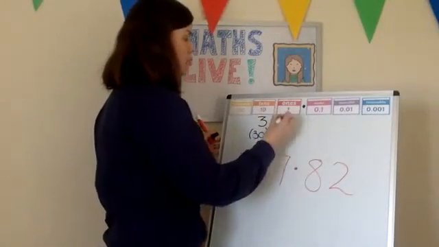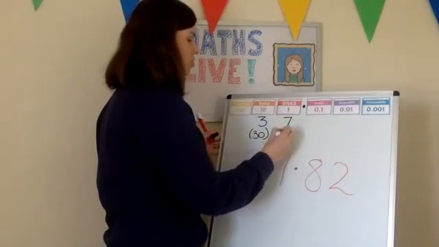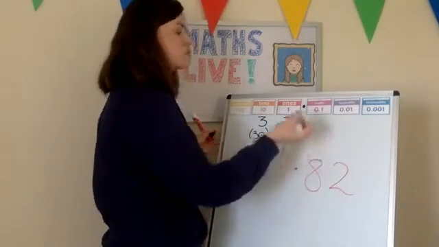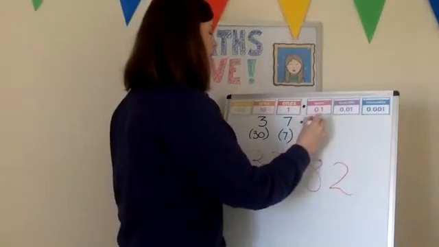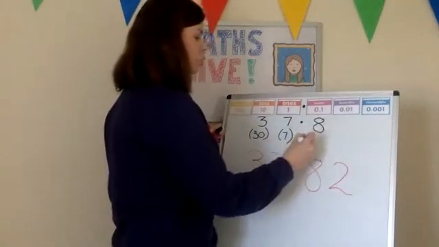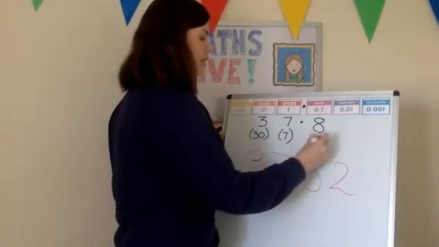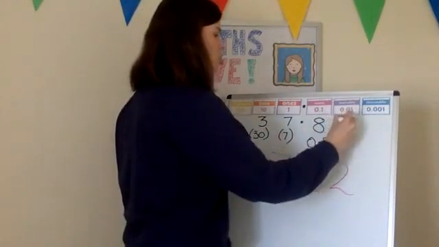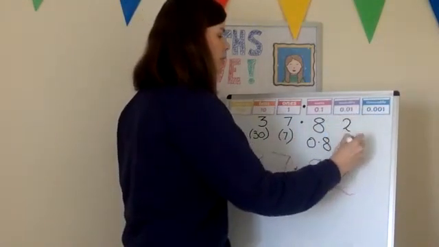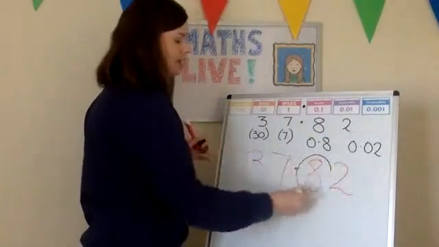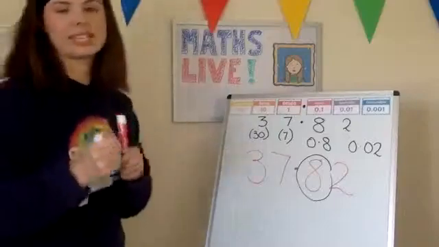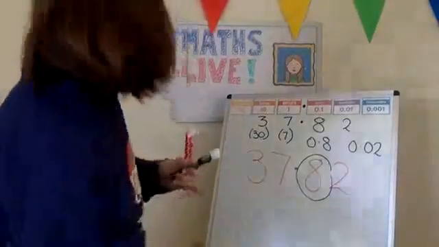We've got 7 ones, which is just 7. And we've got 8 tenths. There's our decimal point. 8 tenths, which would be 0.8. And we've got 2 hundredths, which would be 0.02. So it is the 8, which is the tenths digit.